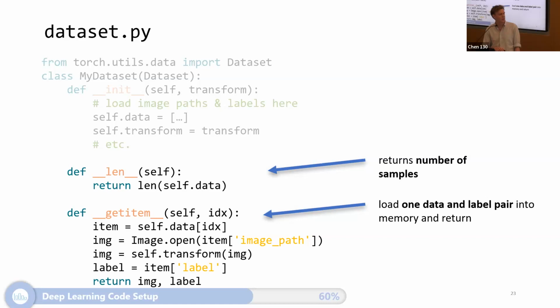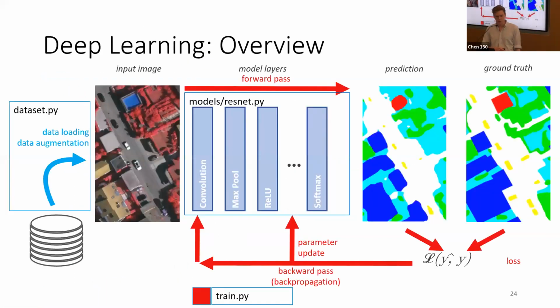That file path is opened by some library, for example, Pillow image. And that is where the sample is actually transferred from your storage into your memory, or into your RAM. And then you apply some transformations onto that image, you somehow extract the label, and then this getItem returns one pair of image and label that the model then can use. So the dataset.py has loaded one sample, it has loaded the input image and the ground truth, and now we're feeding that through the forward pass.